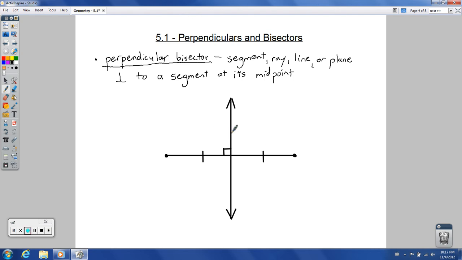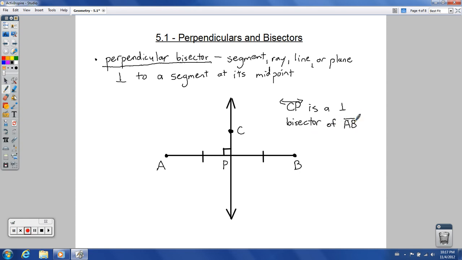I'm going to call this some kind of a random point right there. I'm going to call that point C. I'm going to call this A and B. I'm going to call the spot where they intersect point P. So in this picture, it would be true that line CP is a perpendicular bisector of segment AB.